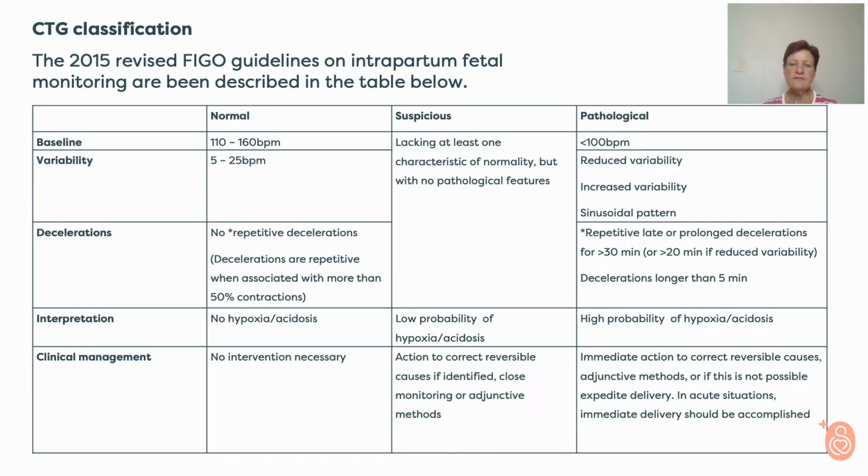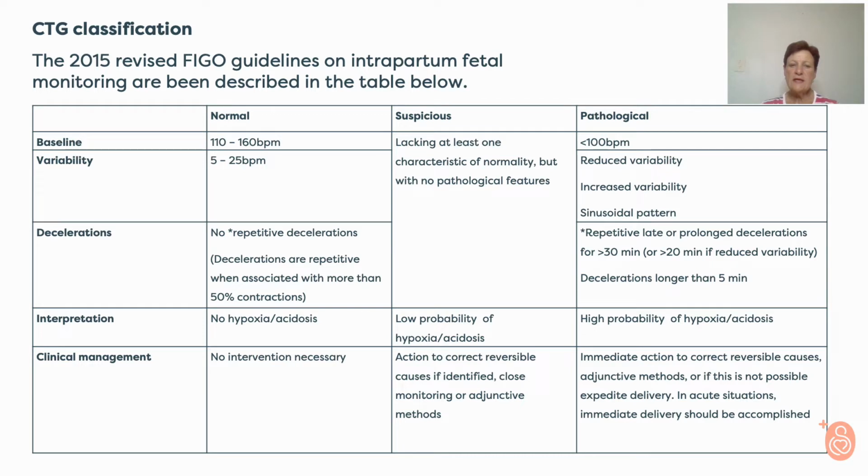Now, if we look at the FIGO guidelines, FIGO stands for Federation of International Gynecologists and Obstetricians, and these guidelines have been developed by them to interpret the intrapartum fetal heart patterns, and they've placed them in different categories. They've used the three characteristics of the fetal heart that we were talking about all the time, namely the baseline, the variability, and the decelerations.